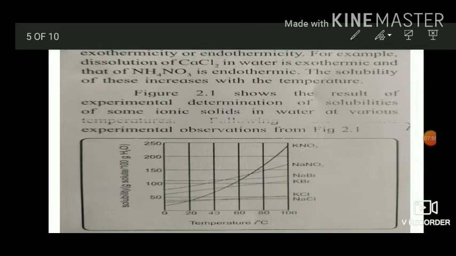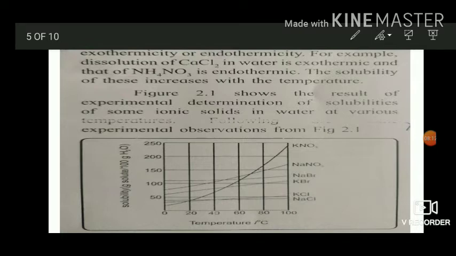Generally, as the temperature increases, the solubility of solids increases.